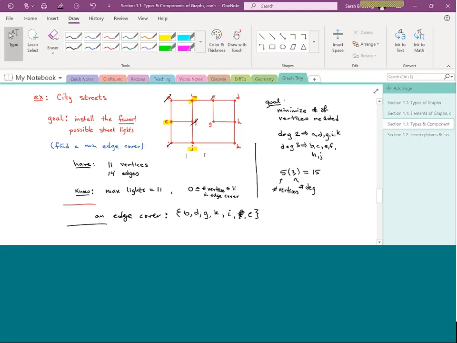Now, once we've chosen vertex J to be in our edge cover, so our set of vertices where one of the endpoints of every edge in the graph is inside of that set, do we need to choose or select K to go into that edge cover? Turns out we don't. I'm going to go ahead and cross off K.